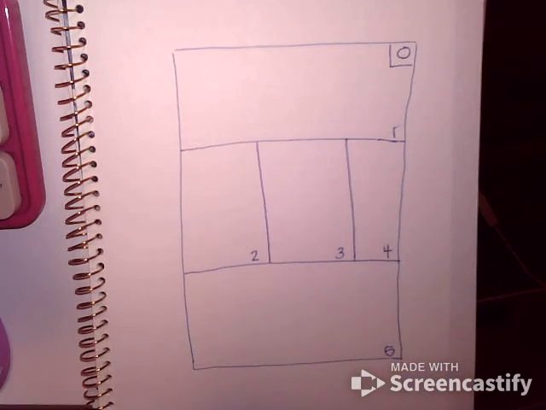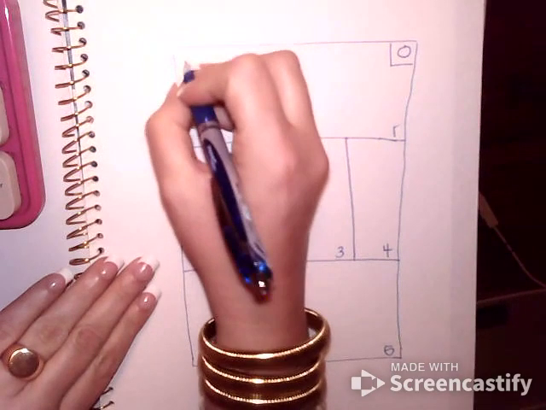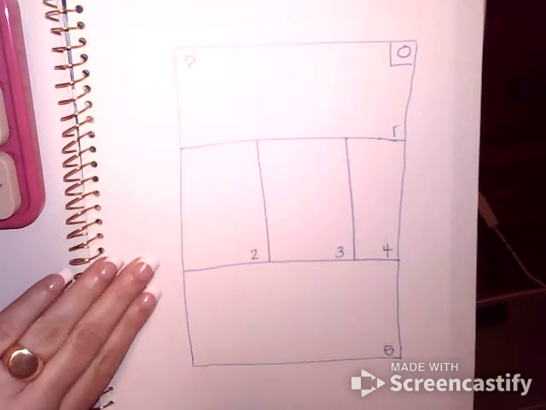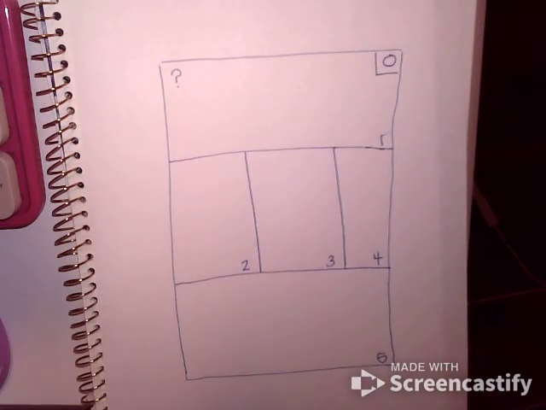So the first thing that you are going to do is make a question mark. Okay, a question mark. There it is, a question mark. Now, that question mark symbolizes a question, because when we write, we always want to do something called hook the reader with the question.